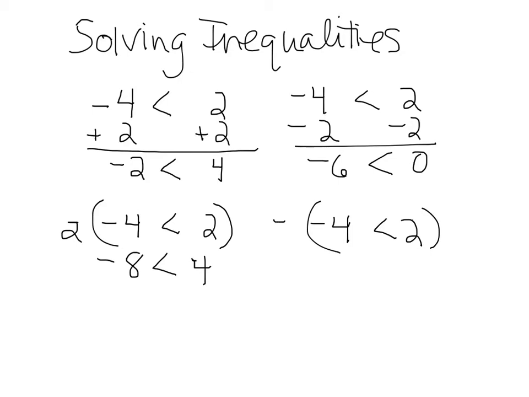If I multiply by -2, this side becomes +8, and this side becomes -4, and clearly that's not the same. It makes it the opposite. And the reason is, when I multiply by a negative, it makes the number go in the opposite direction.